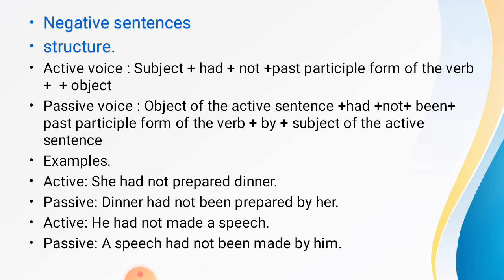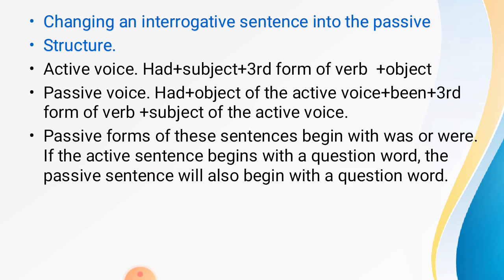Now we have interrogative sentences. Changing interrogative sentences into the passive structure. As you already know, we put the helping verb at the beginning of interrogative sentences in active as well as in passive form. Had, then subject, third form of the verb, then object.